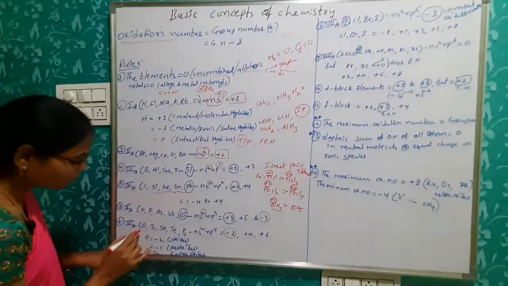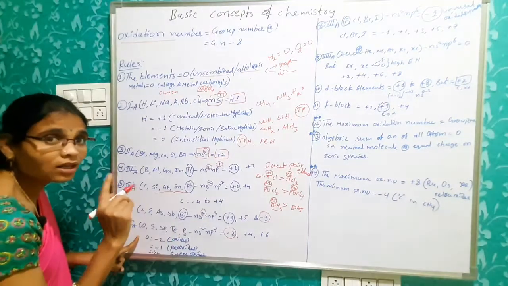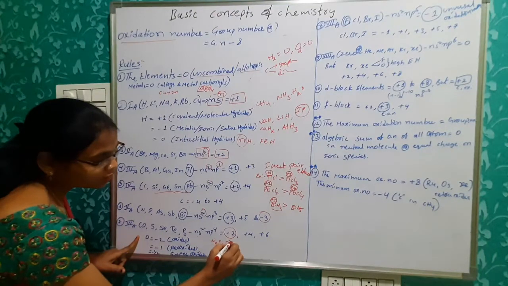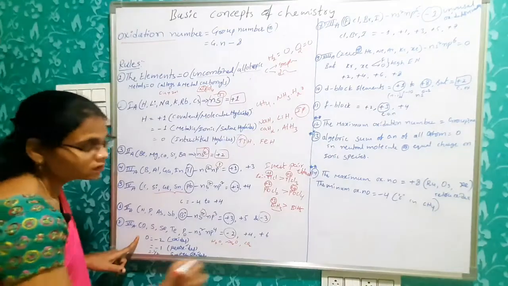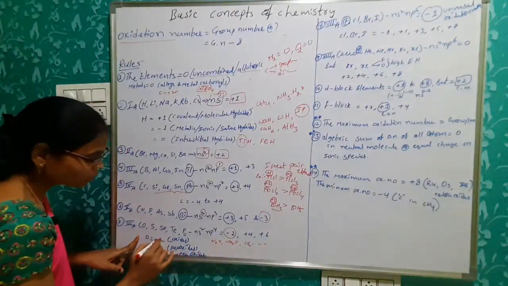Oxygen shows -2 in simple or common oxides like H2O, Na2O and CO2. In these common oxides, oxygen shows -2 oxidation number.